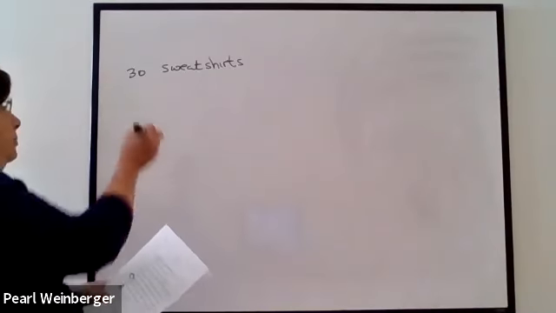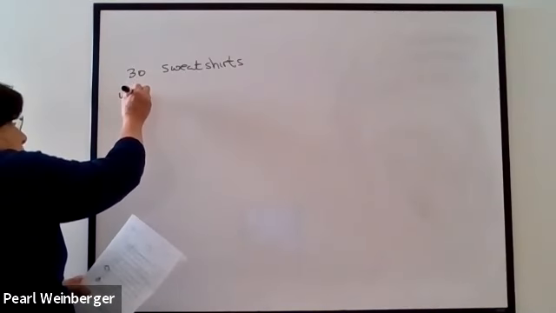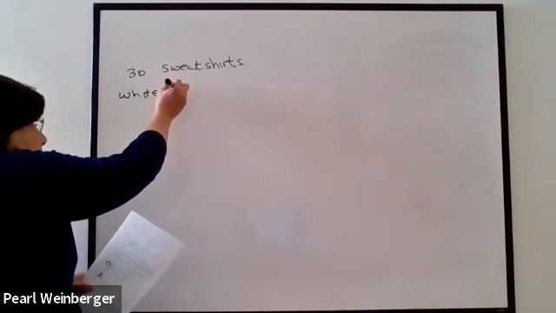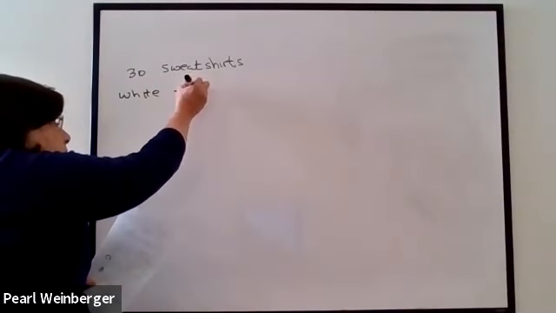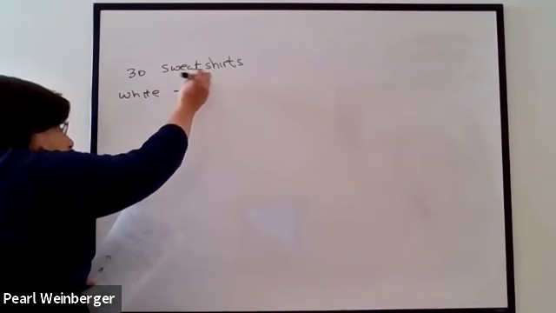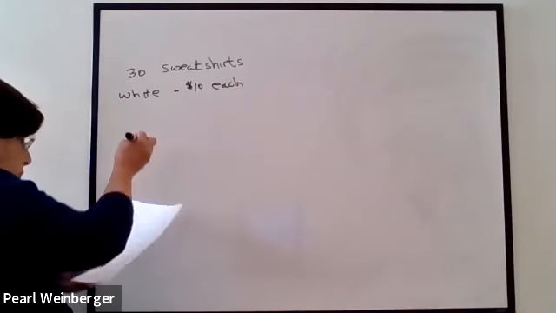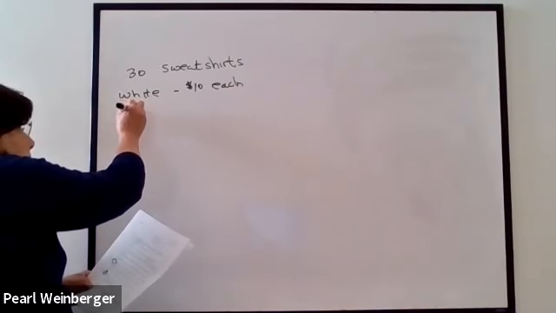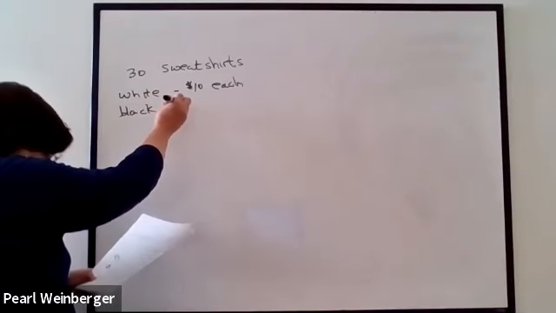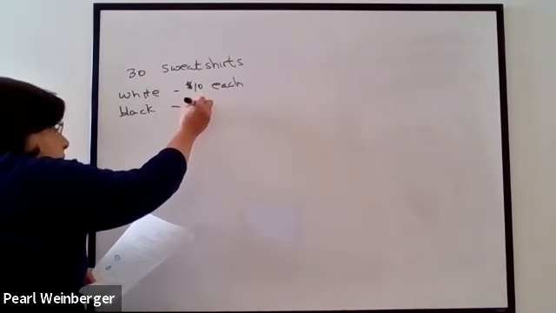And he had 2 types. He had white sweatshirts that cost $10 each. And he had black sweatshirts whose price was $15 each.